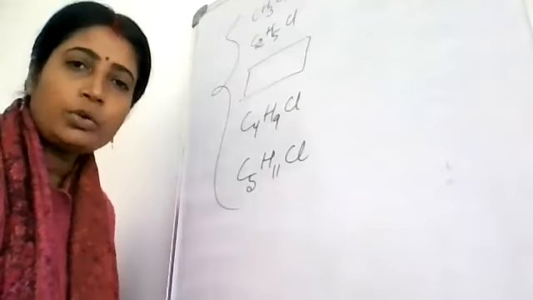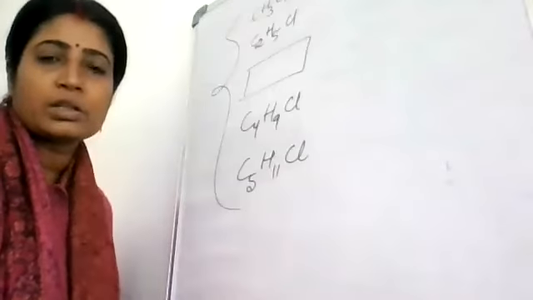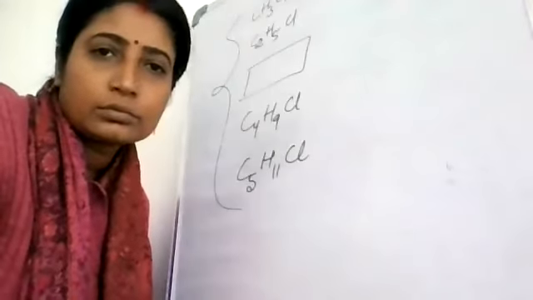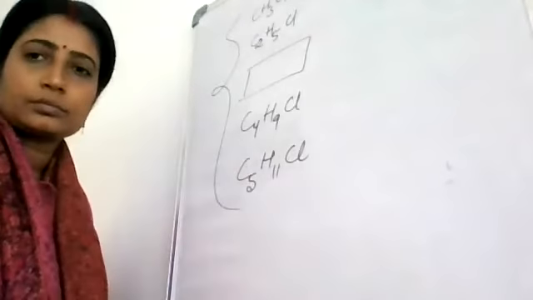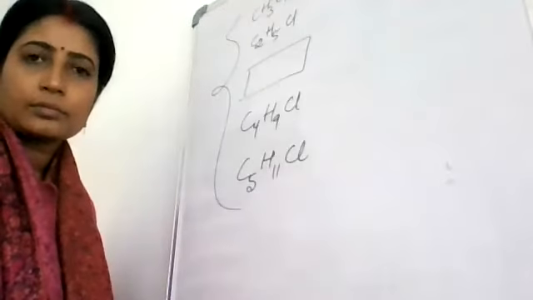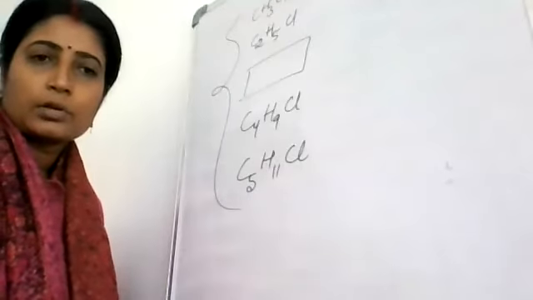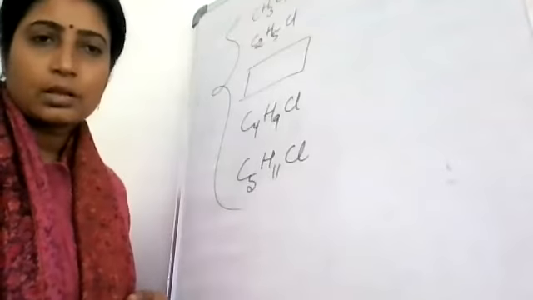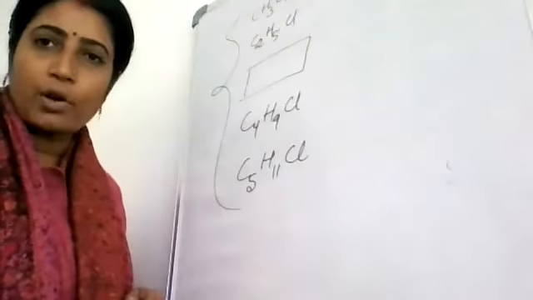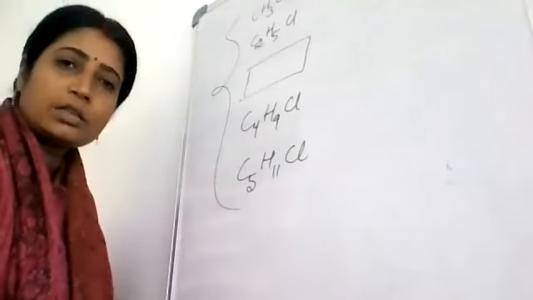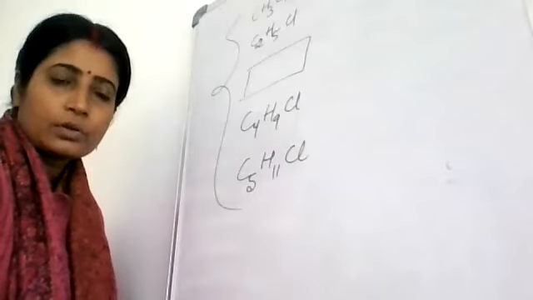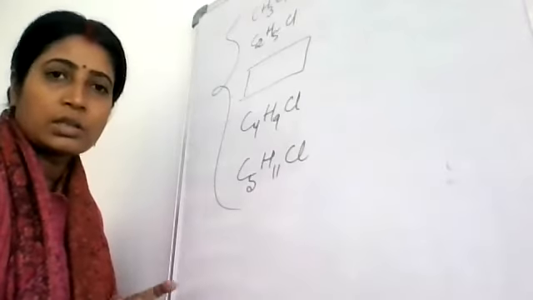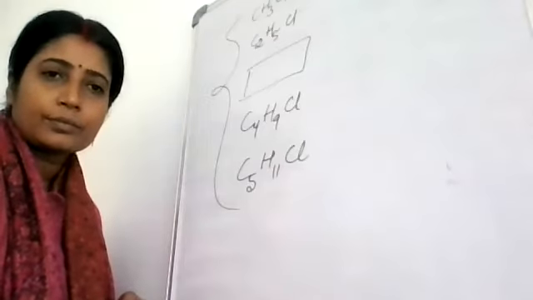Very good. How are you saying that this is representing homologous series of haloalkane? Because each member differs by CH2, and they have same general formula. They are containing same functional group. So this is a homologous series of haloalkane.